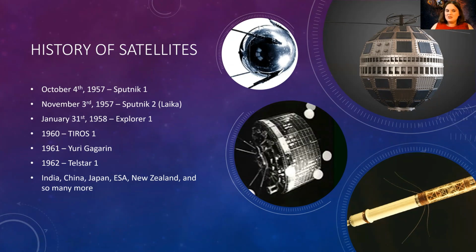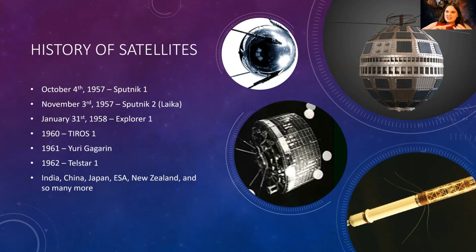Then in 1962, the United States launched Telstar. Telstar was the first telecommunications satellite, and it's that image on the top right. It looked like a weird orb in a way. But from these concepts of being able to launch different types of satellites and different types of people up into space, it opened the door for other countries to do the same.